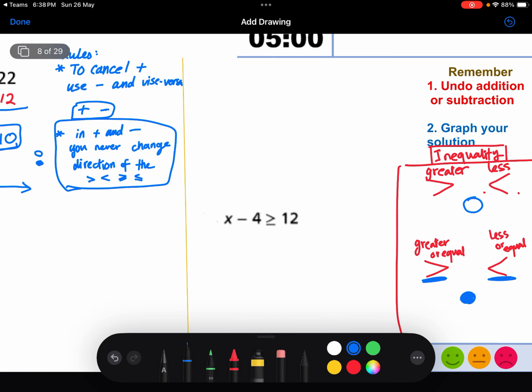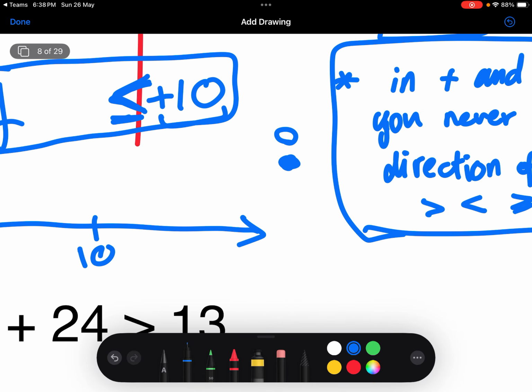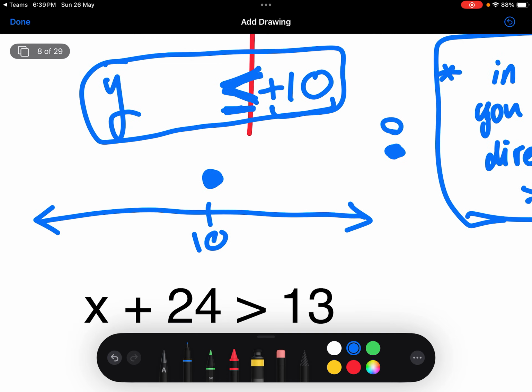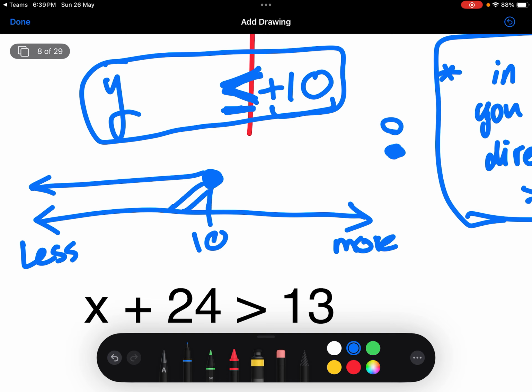So at 10, we're going to draw a closed circle. Since it's less than or equal to 10, we go to the left direction, because usually on the left we have lesser numbers and on the right we have greater numbers. Just don't forget to shade. That's it, this is the whole idea of the lesson. We're going to take more examples now.